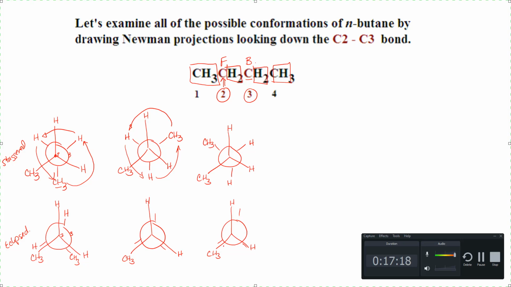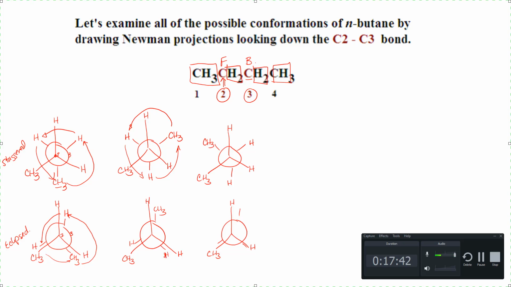So choose one, keep it the same, and rotate the front or the back. And always rotate in the same direction each time. So now I take this methyl group and rotate it 120 degrees so that the methyl group goes there, this hydrogen down here, and the third hydrogen over here.